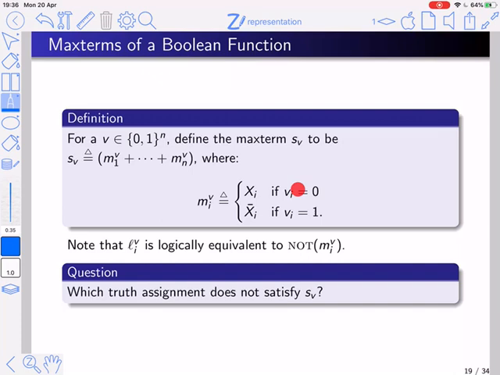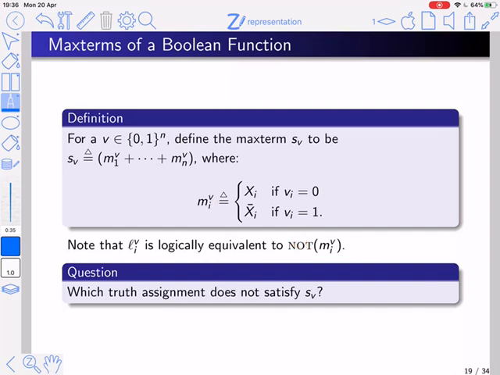So if Vi is 0, Mi of V is Xi. If Vi is 1, then Mi of V is not Xi. So you notice that the literal Li of V that I used for the construction of the min-term P sub V is logically equivalent to the negation of the literal Mi of V.